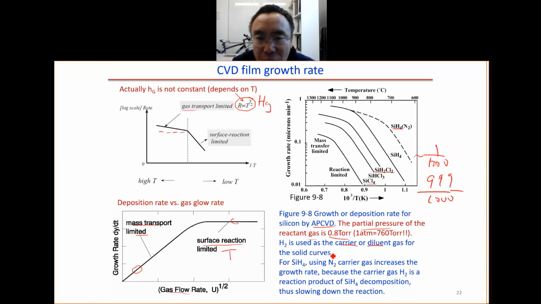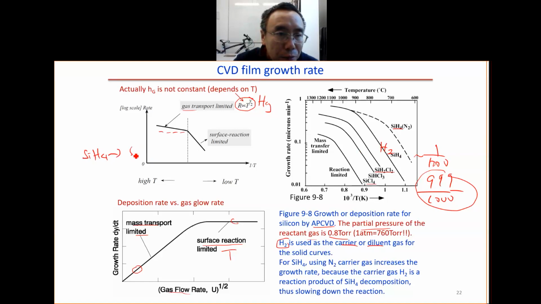The carrier gas is normally hydrogen. So almost all the gas is actually the carrier gas. For this case, we have hydrogen as the carrier gas, and this is the deposition reaction.